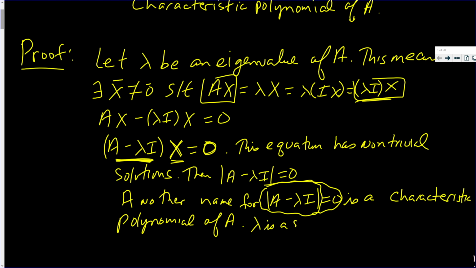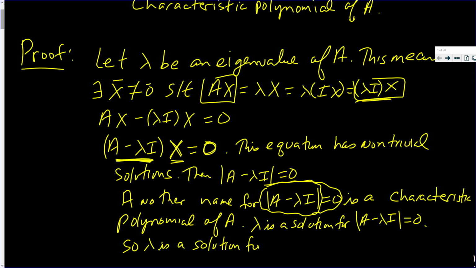Lambda is a solution for the determinant of A minus lambda I equals 0. So lambda is a solution for this.